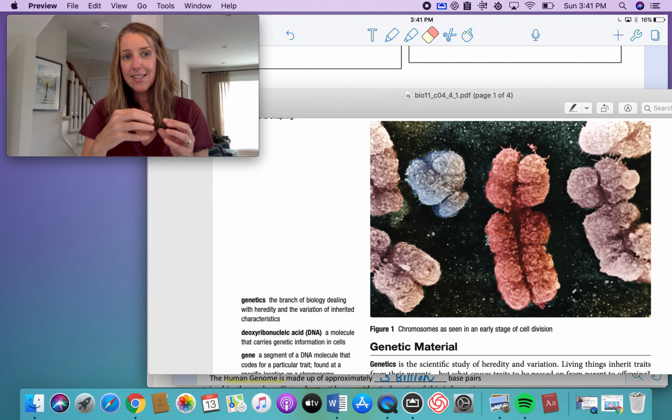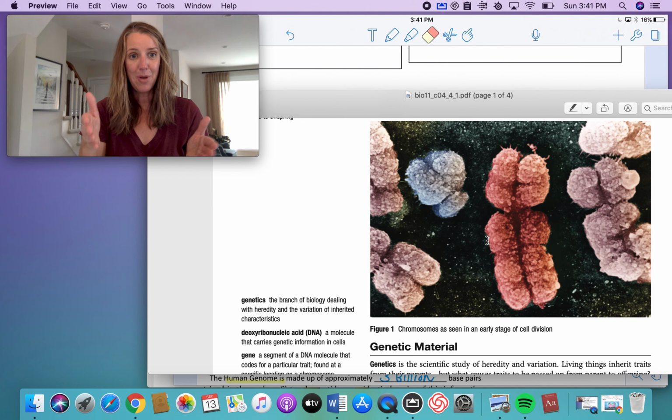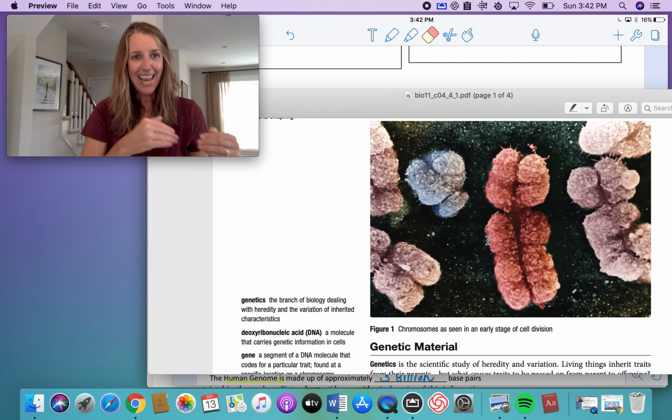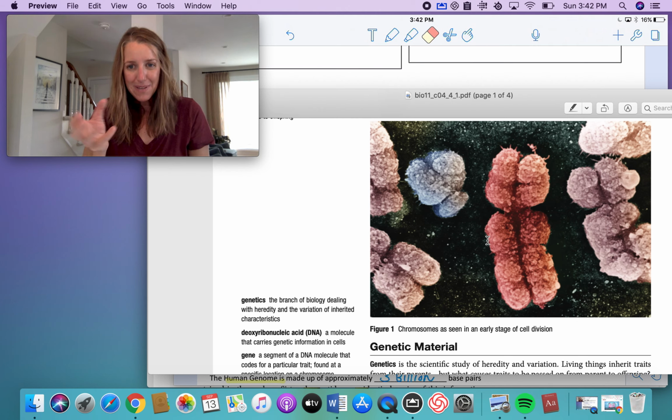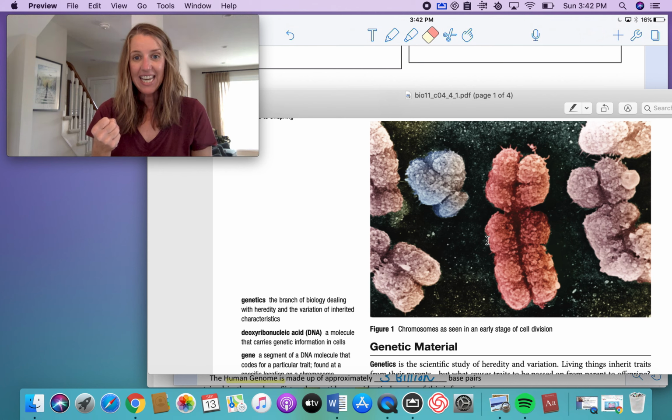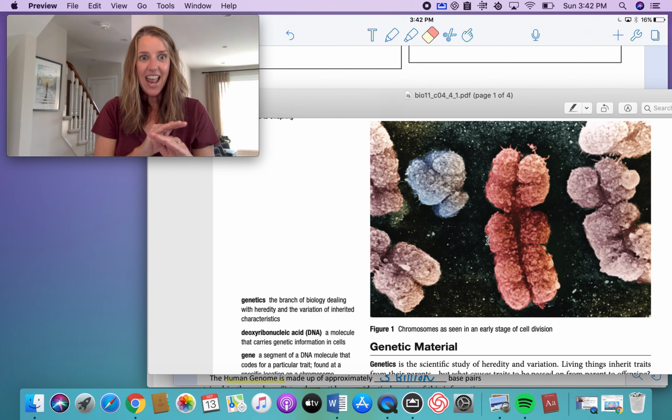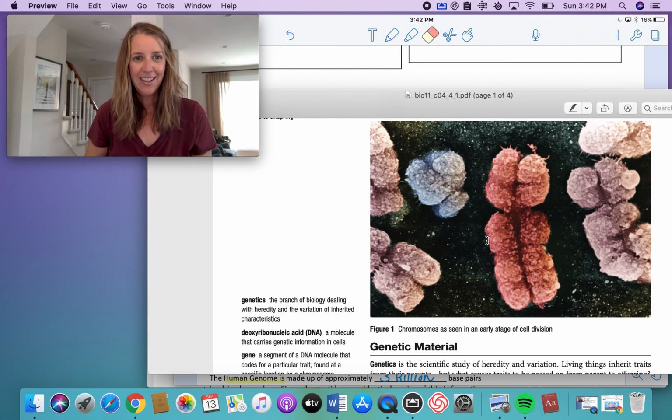So this is a huge biological molecule. The molecule's name is DNA, which stands for deoxyribonucleic acid, and it is made up of nucleic acids, and this DNA is inside the nucleus, inside every single cell in your body.